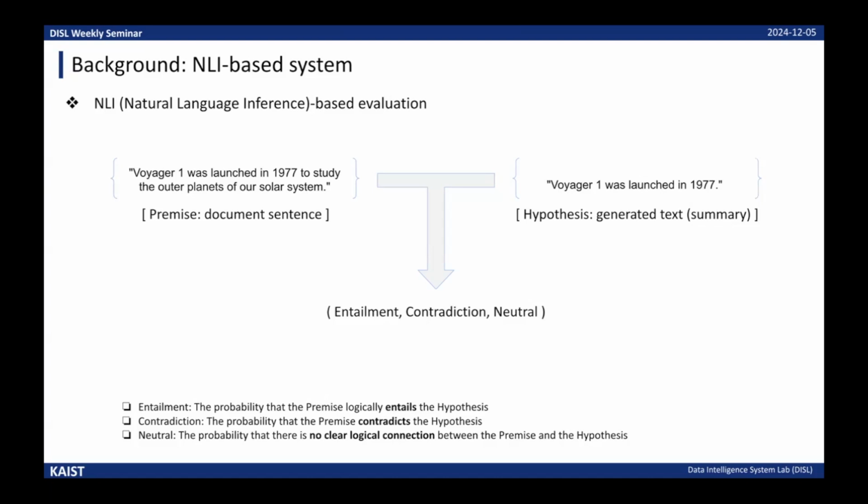Entailment measures whether the premise contains or implies the hypothesis. Contradiction measures how much the hypothesis opposes the premise. And neutral measures the logical relationship between the premise and hypothesis. The higher the entailment score, the more we can judge that the hypothesis maintains factual consistency with the premise.